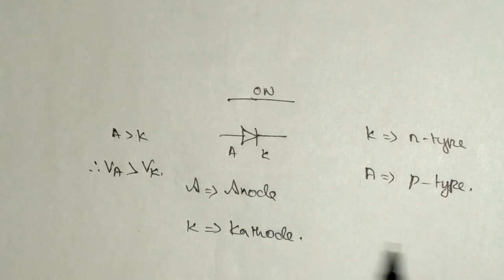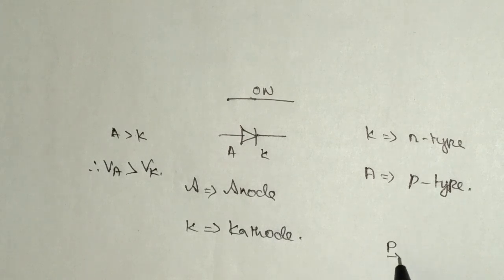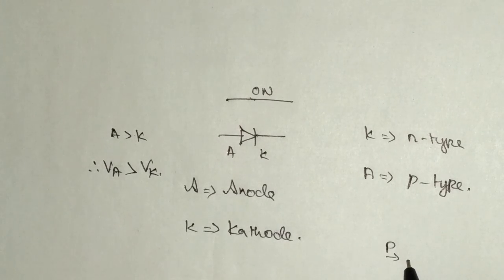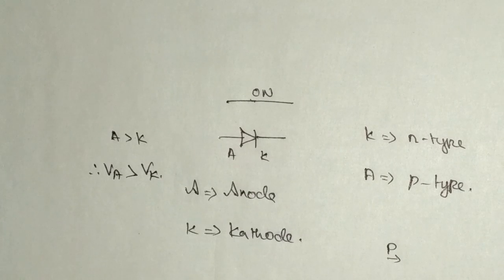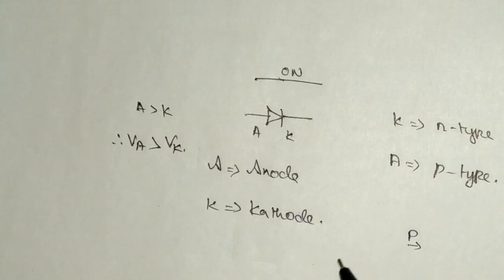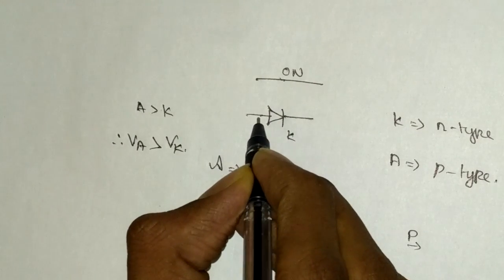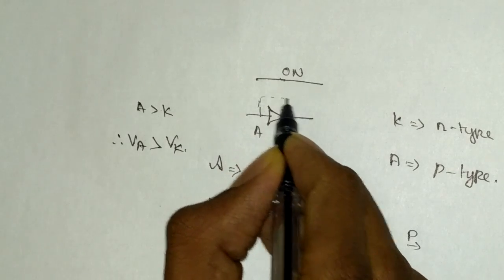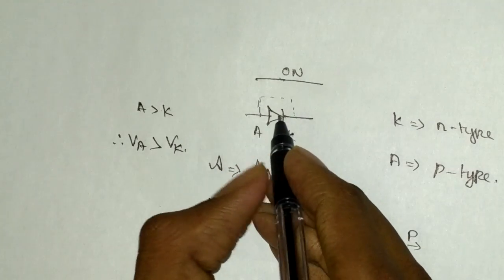During this condition, the P-type is on. During the on condition, the diode acts like a short circuit.